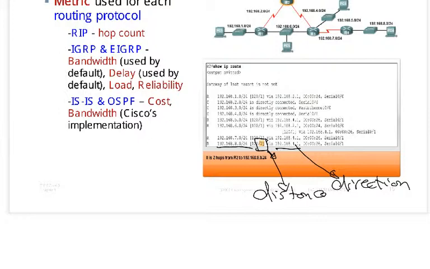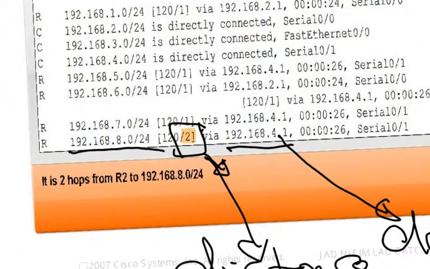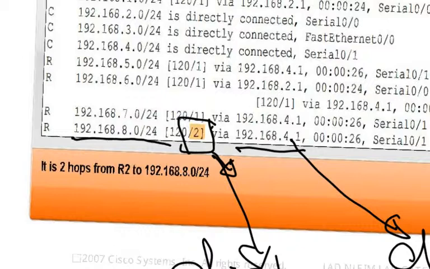Okay. Of course, there is some other information, like the time. This is the freshness of this route, and the 120 is called the administrative distance. We'll talk about all this other information, but the most important two are the distance and direction. So this is the distance, and this is the next hop or the direction.